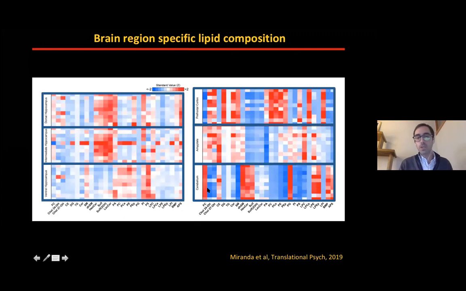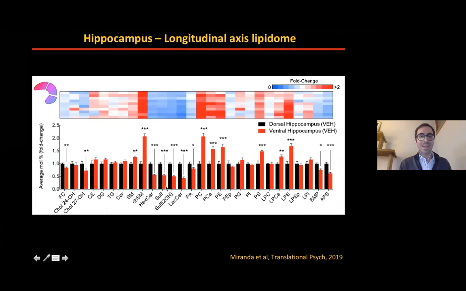Then, to focus on the key question that we are trying to address here, we compare directly the dorsal to the ventral hippocampus. And this is what I'm showing here. In black, we have the dorsal hippocampus, and in red, we have the ventral hippocampus lipid levels relative to the dorsal hippocampus.